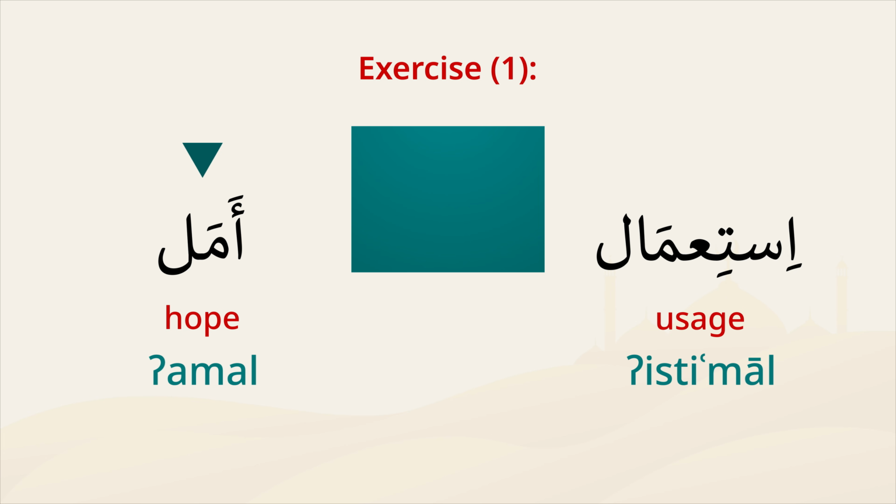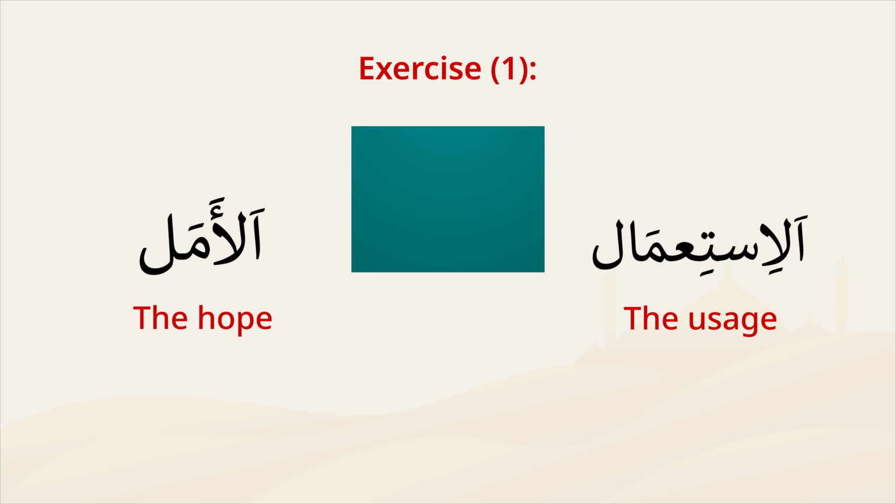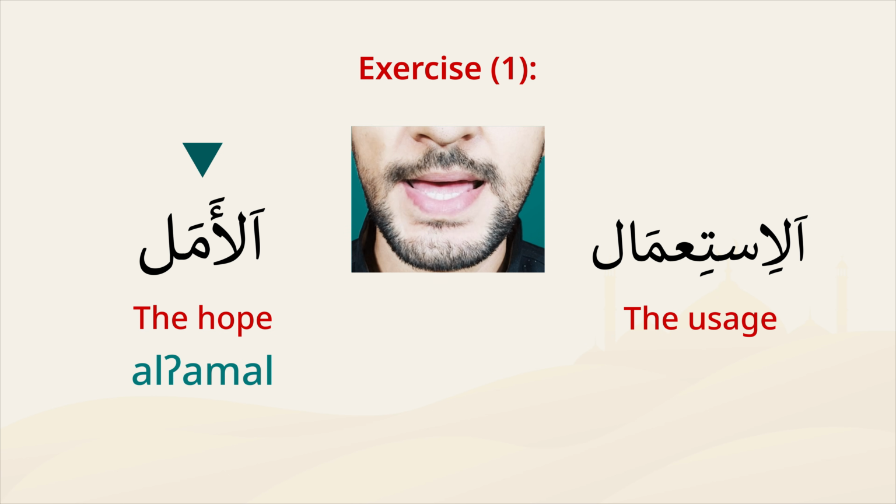the second. When we make these 2 words definite by adding al, the word that begins with Hamzat al-qaṭʿ will be pronounced normally. So we say al-amal.